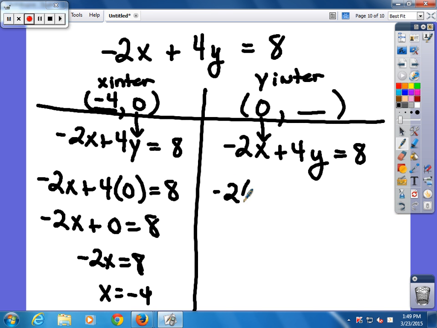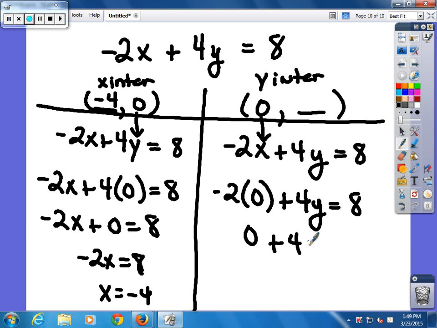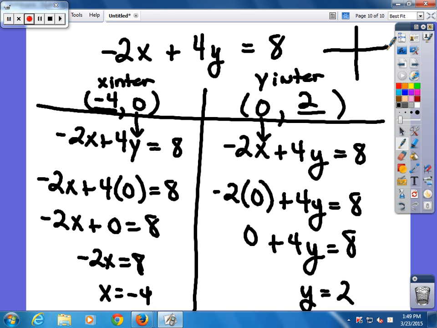Negative 2 times 0 plus 4y is equal to 8. 0 plus 4y is equal to 8. Y is equal to what? So negative 4 and 0 is the x-intercept. 2 and 0 is your y-intercept.